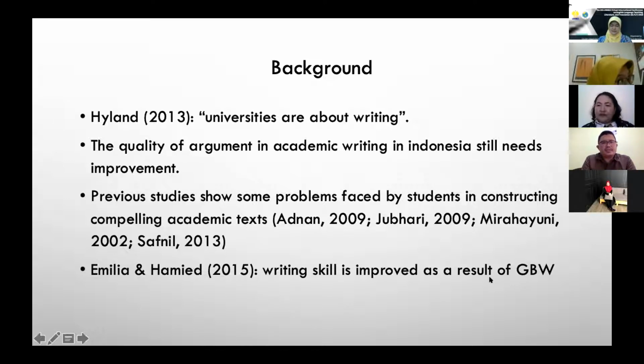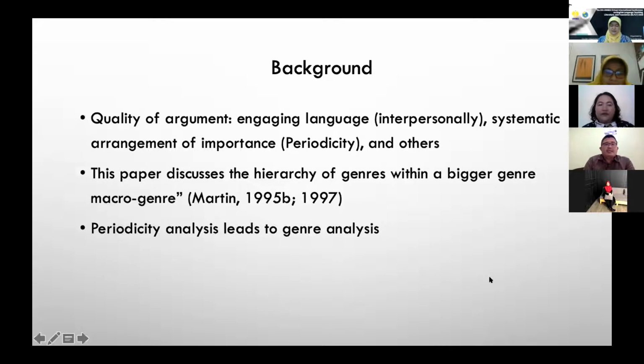The result, in 2015, Bu Emi and Pak Hamid say that writing skill improved as a result of this pedagogy. And then the quality of argument, one of the two discussions that I usually do is about how to make the text engaging, how to develop a sound argument, especially with engaging language.